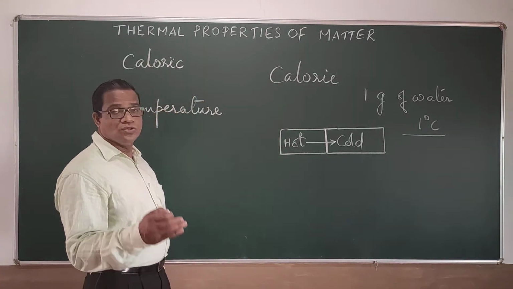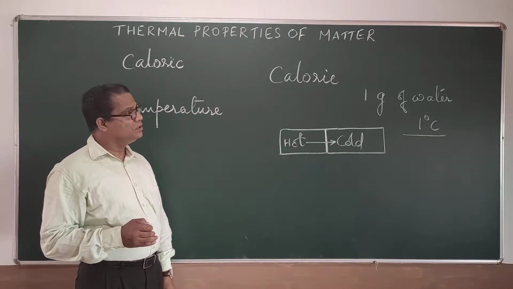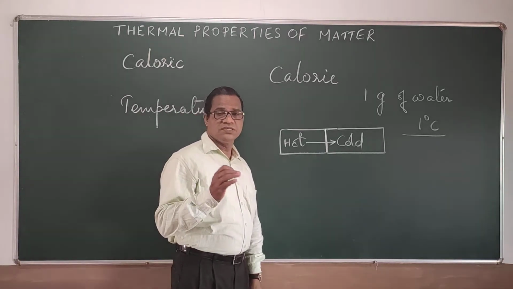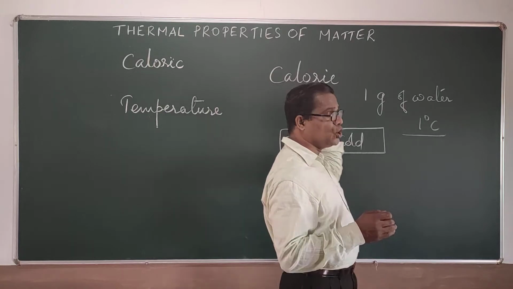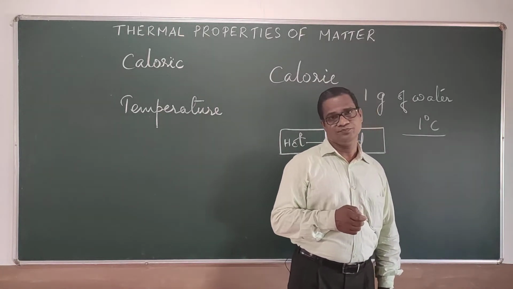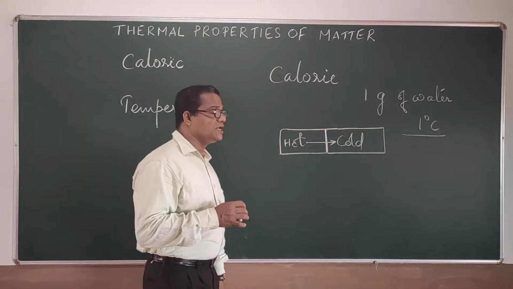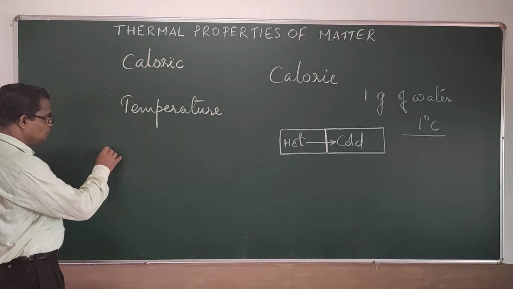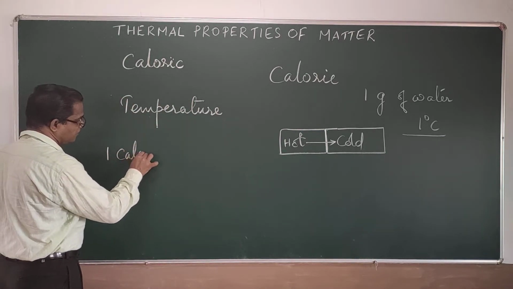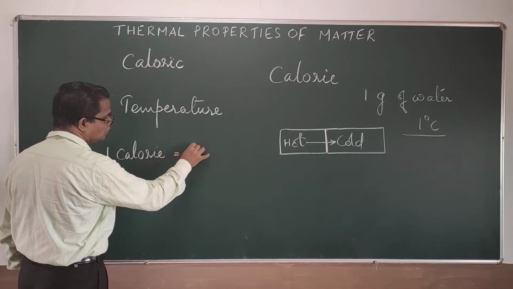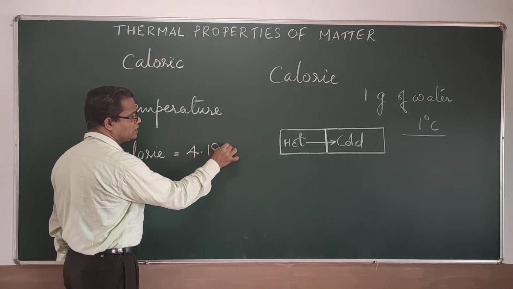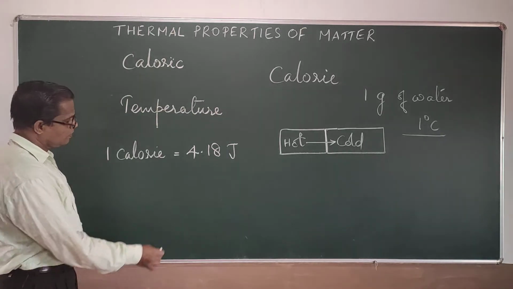But in solving problems, you will come across a situation where you want to connect calorie with the joule. So, there is a relationship between calorie and joule that 1 calorie is equal to 4.18 joules.